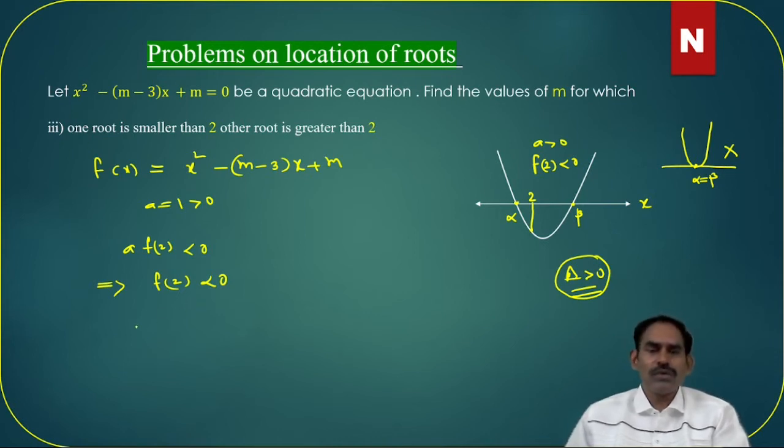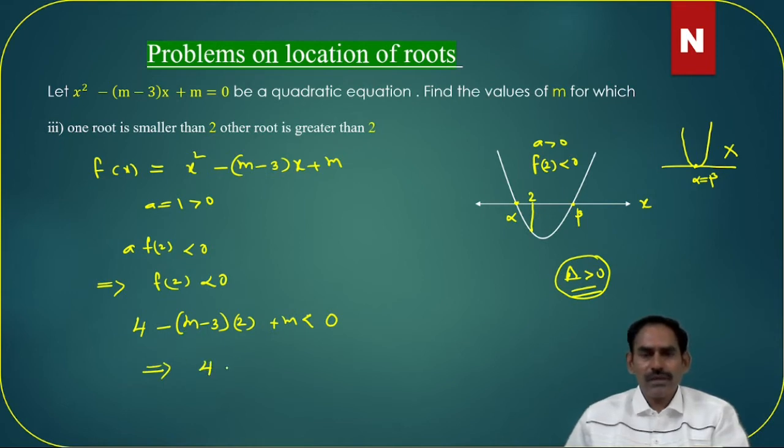F of 2 means 4 minus m minus 3 into 2 plus m is less than 0. That implies 4 minus 2m plus 6 plus m less than 0. 10 minus m less than 0.